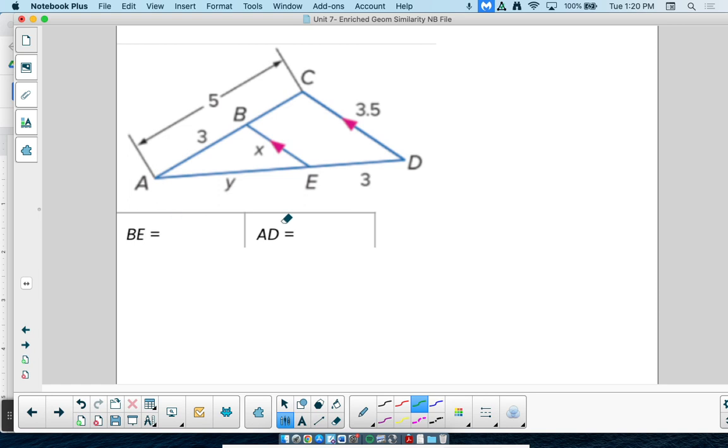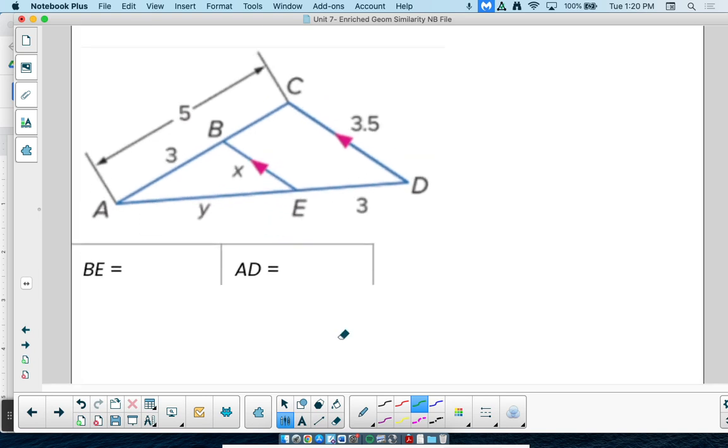Okay, before we even start finding X and Y, do you guys see our two similar triangles here? Do you see how we have a small one and a big one? Do you see the purple one? And then the big blue one, ACD. Okay, very good. Why are they similar though before we start? What angles are the same by just looking at this?